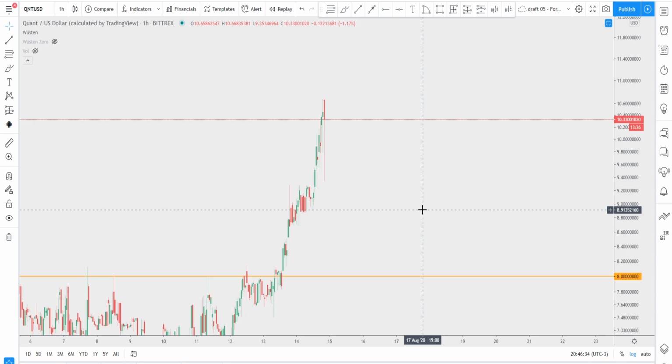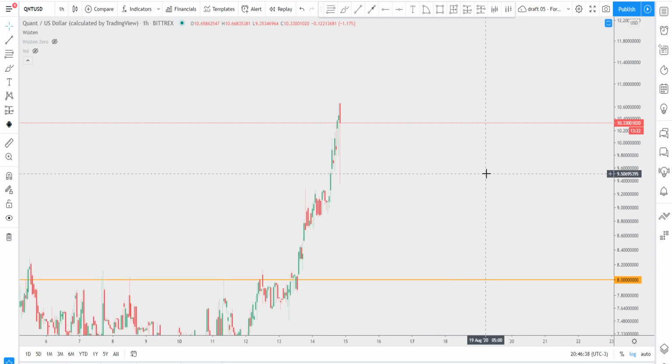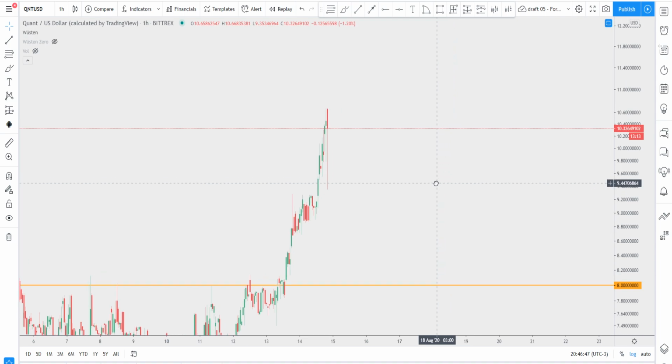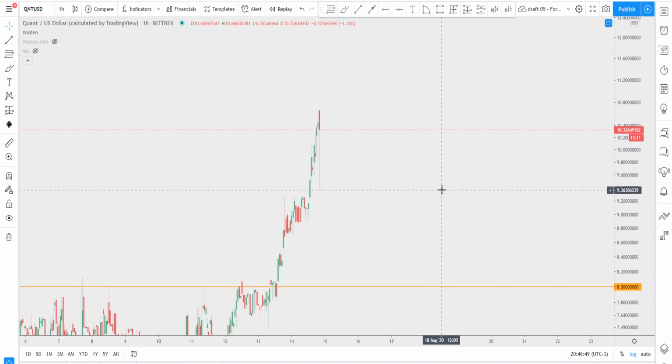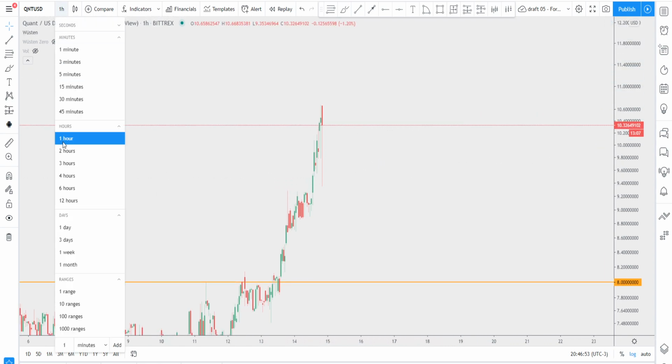The bears are not a foe or enemy. We need them, and they need us. Okay, so remember, the bulls need the bears, and the bears need the bulls, and together, that's how they make the markets.